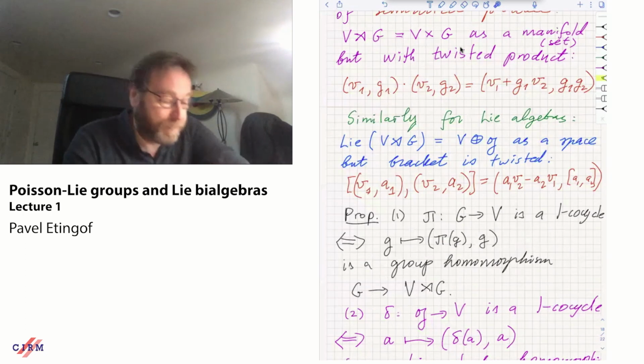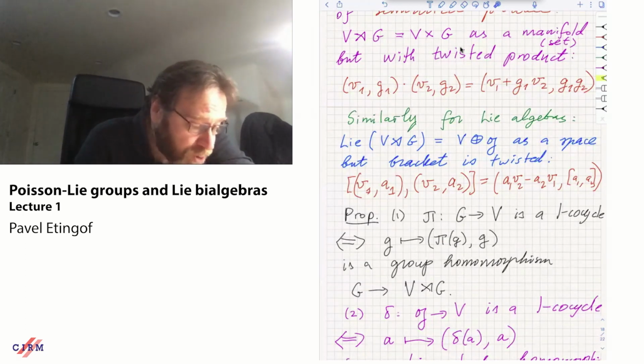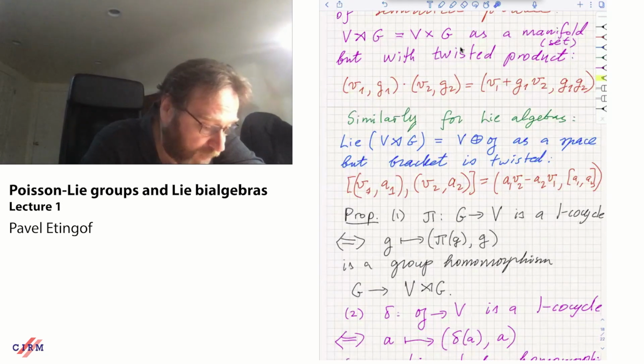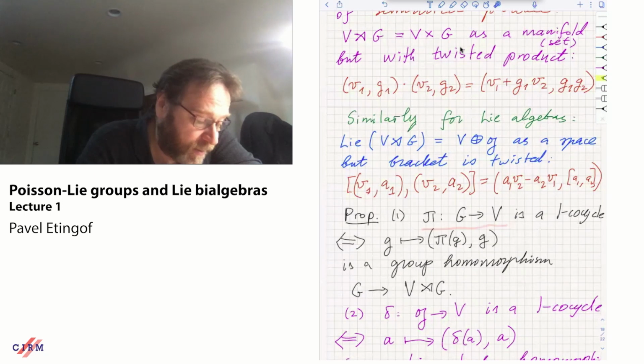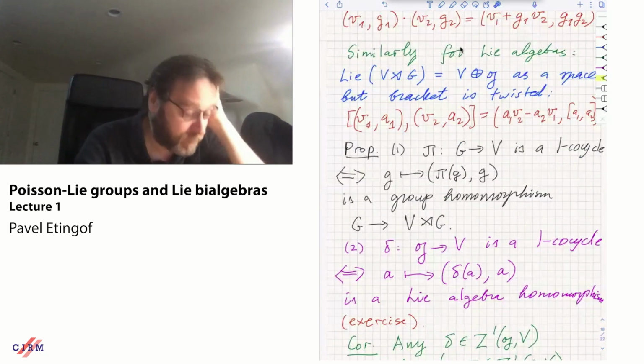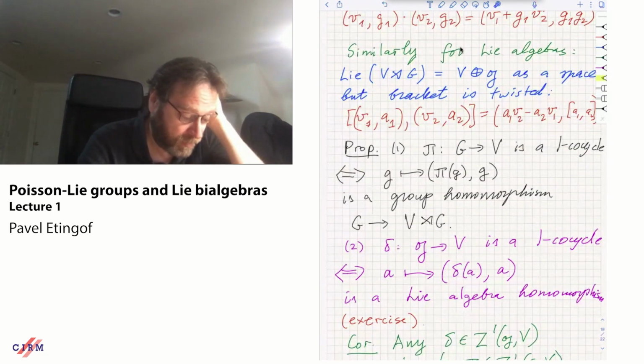And then here is a proposition which interprets cocycles in terms of homomorphisms. So the first is a group theoretical statement. Pi from G to V is a one cocycle if and only if the map G goes to (pi of G, G) is a group homomorphism from G to the semi-direct product. And the second is a similar statement for Lie algebras.